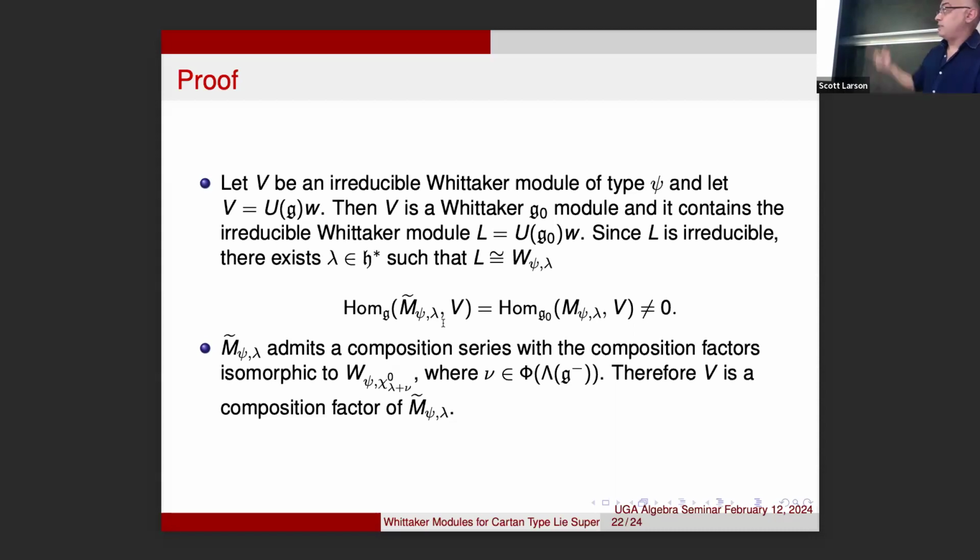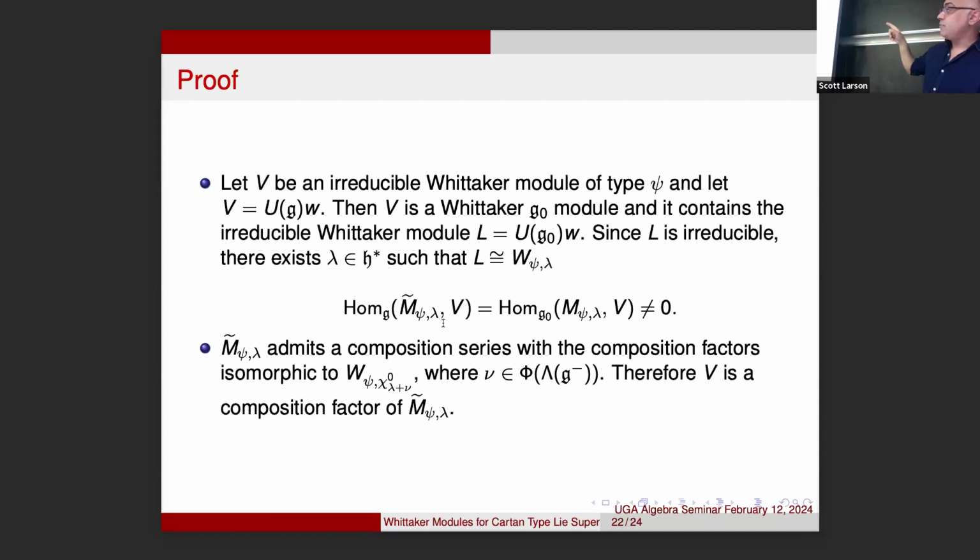It's irreducible because it's generated by the cyclic vector w. It's a Whittaker vector, a Whittaker module for the algebra part. So we know Whittaker modules are standard Whittaker modules, which is W psi lambda for some number. Then if you look at the Hom space between G modules, M tilde and V, this is using homological algebra. You can restrict M tilde to G0, and if you restrict M tilde to G0, you get M. So this is the induced part.